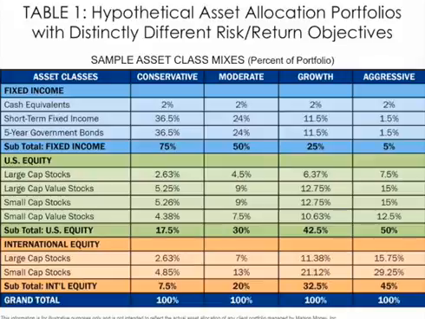So even at this early point of our discussion, it's probably somewhat intuitive that you would expect a conservative portfolio would have less risk, less volatility, less up and down movement than an aggressive portfolio.